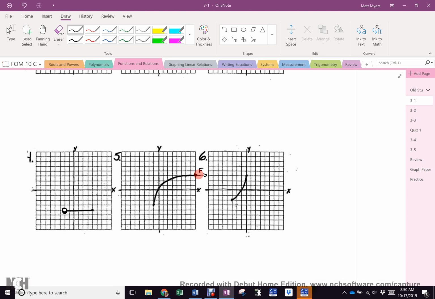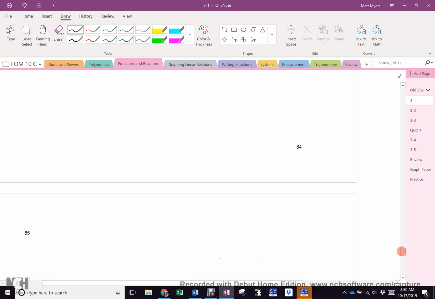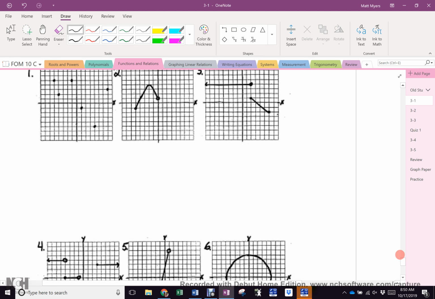You've got down the 3 corrections? Addison? Flat mean infinity? Yeah, it means it isn't going up at all. It's going straight horizontal. Everybody good?